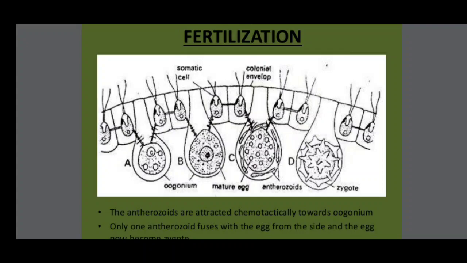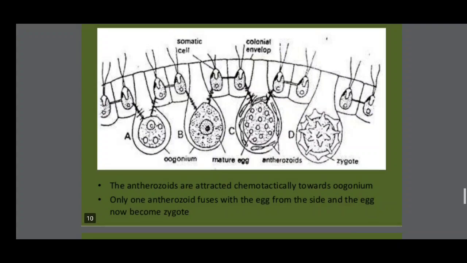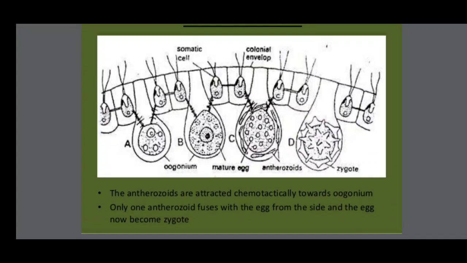These antherozoids are released from the coenobium, from the gametangium or antheridium, into the surrounding water. At the same time, in the oogonium, the protoplasm forms a rounded egg cell or female gamete.